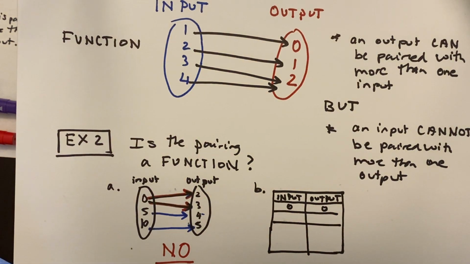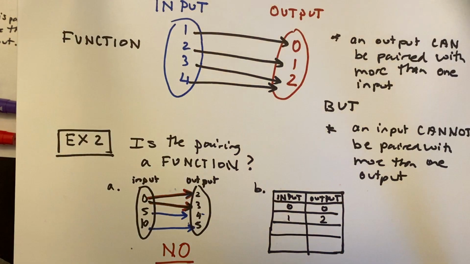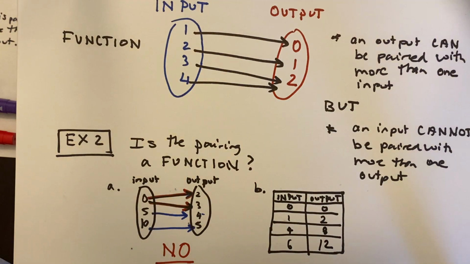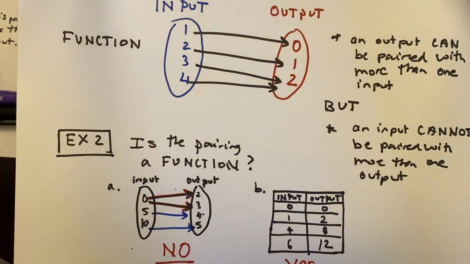When you get an input of 1, you get an output of 2, and an input of 4, you get an output of 8, an input of 6, you get an output of 12. Is this a function? Well, is there one input that's paired with more than one output? Nope. Each input in this situation has just one output. So clearly, it is a function.